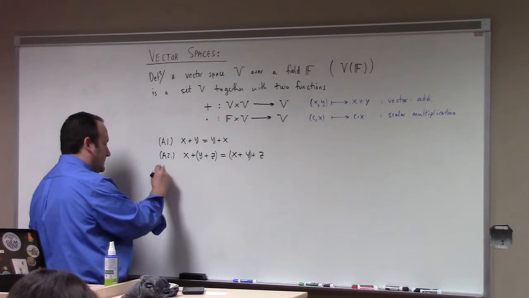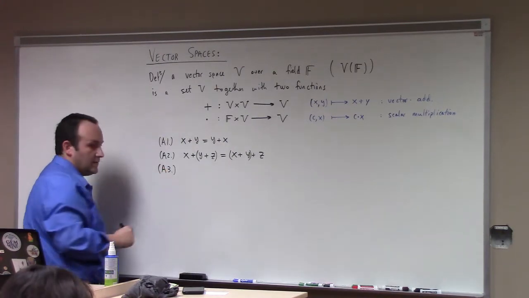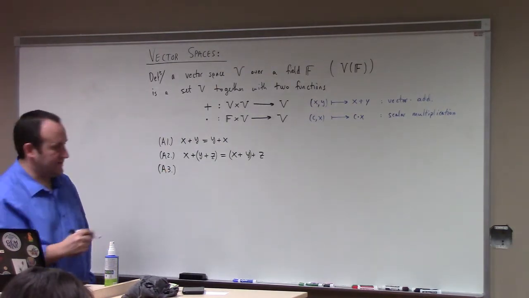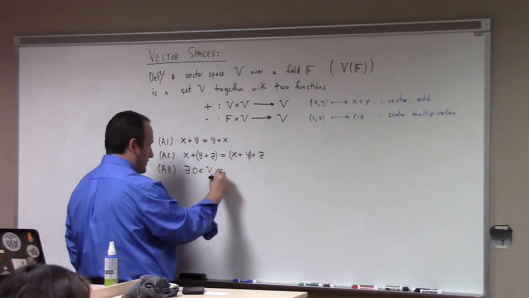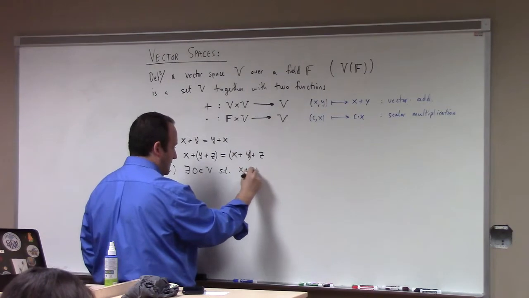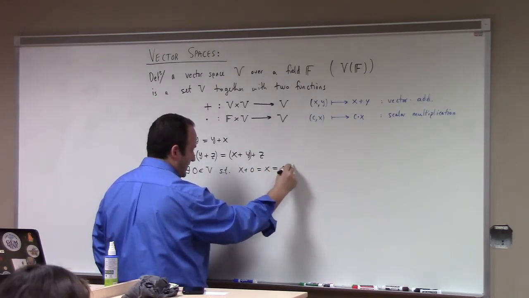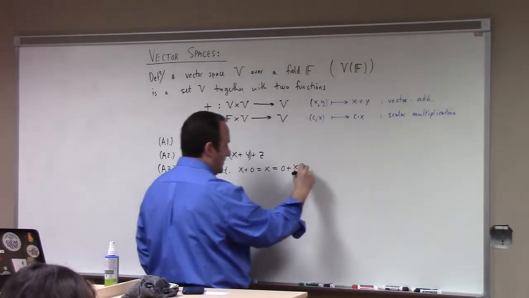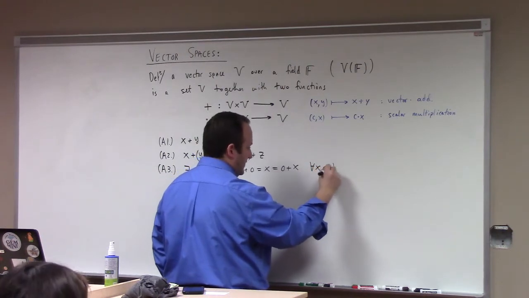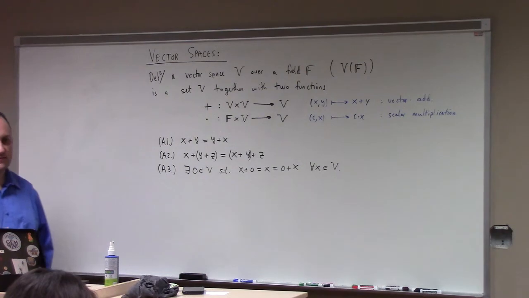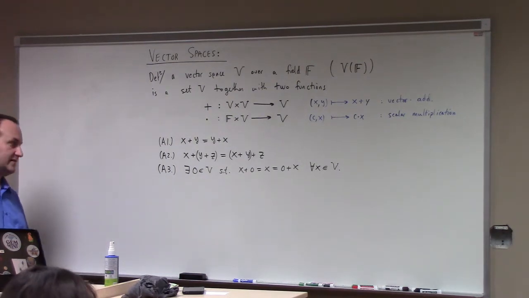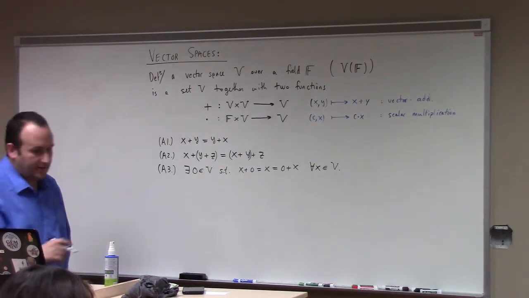Axiom 3 would be that there exists 0 in V such that x plus 0 equals x equals 0 plus x, for all x in V. In other words, axiom 3 is that there exists an additive identity, a zero vector, as we call it.